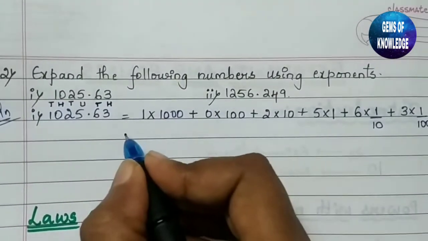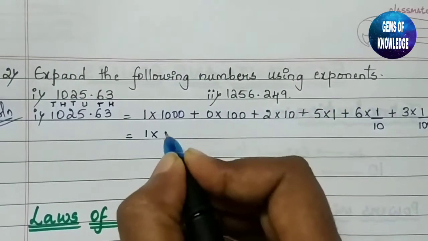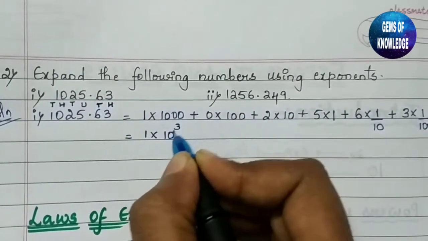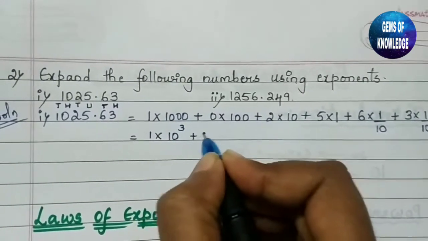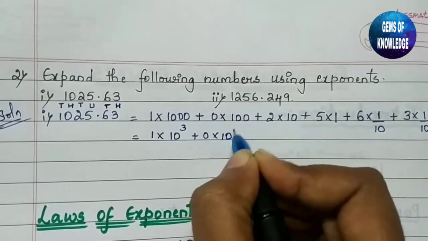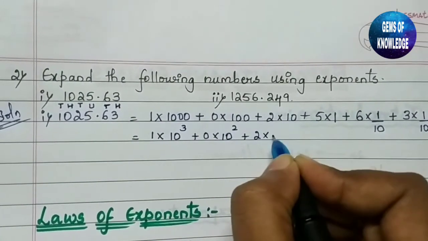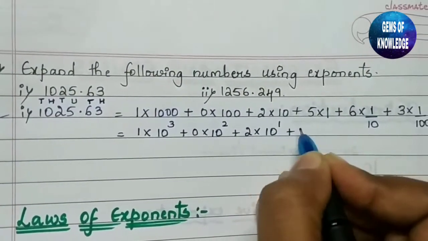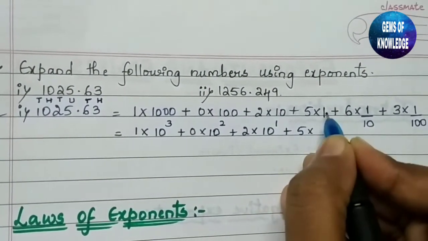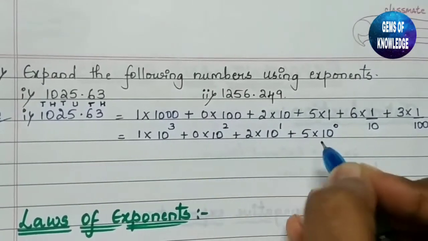So 1 into 1000 can be written as 10 to the power of 3 because 10 into 10 into 10 is 1000. Plus 0 into 100 can be written as 10 to the power of 2, plus 2 into 10 can be written with the power 1, plus 5 into 1 can be written as 10 to the power of 0, as I told you in the previous one.